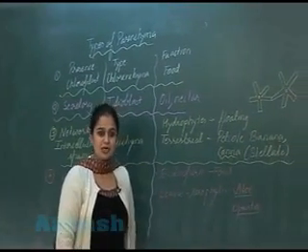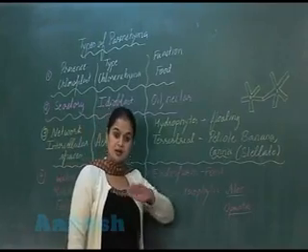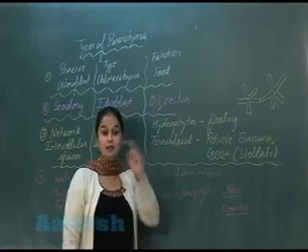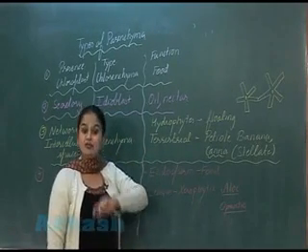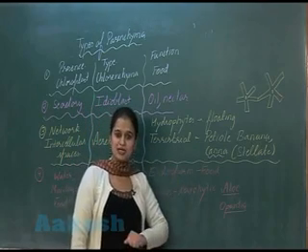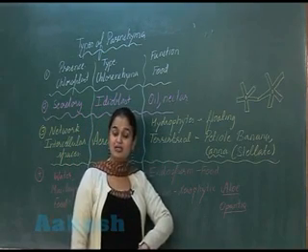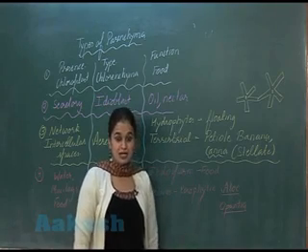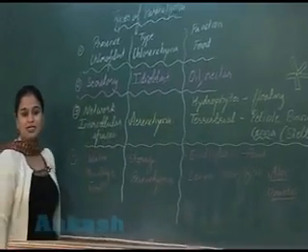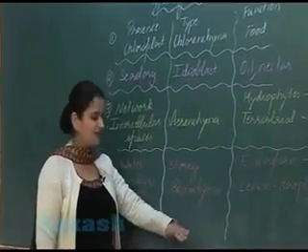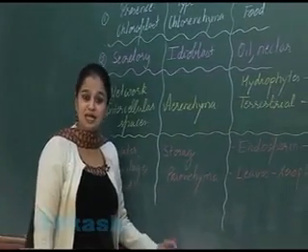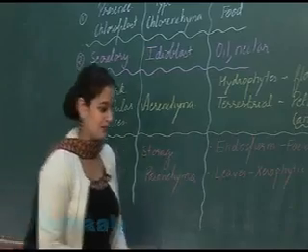When there is a favorable season, the rainy season, these plants store water in their body, and during the unfavorable season they will utilize this water. So the parenchyma in which these compounds accumulate is known as storage parenchyma. So after the parenchyma types, now we will look into the collenchyma.